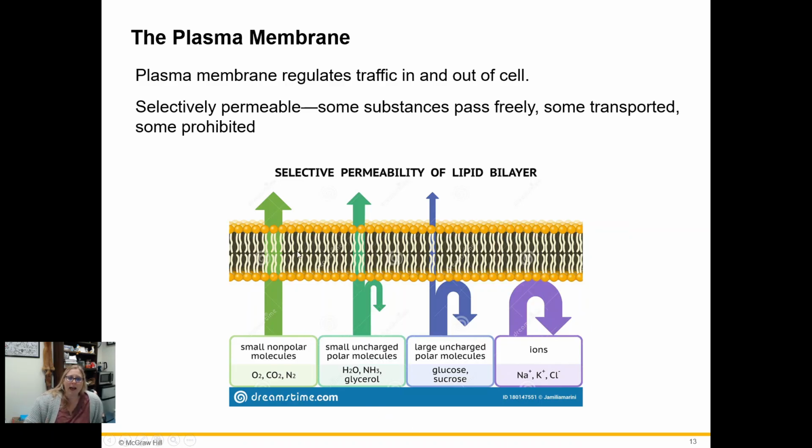So if I look at my selective permeable lipid bilayer here, this image, small non-polar molecules, meaning that they just overall don't have enough of a charge to be repelled, are going to move easily across the membrane. And that's good, because I want things like oxygen and carbon dioxide and nitrogen to easily move across that membrane. I need oxygen to do cellular respiration, and I need to remove carbon dioxide and nitrogen as a waste product. So I want those to easily move across my membrane.